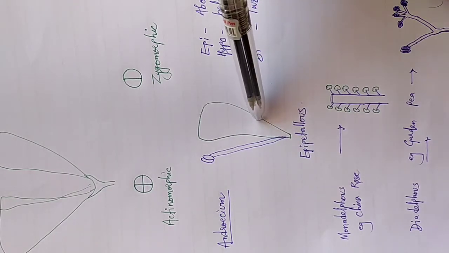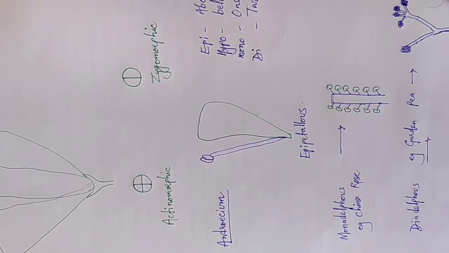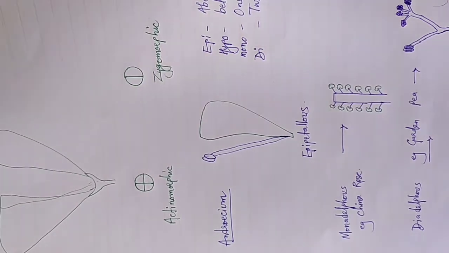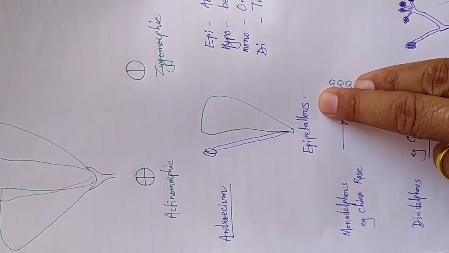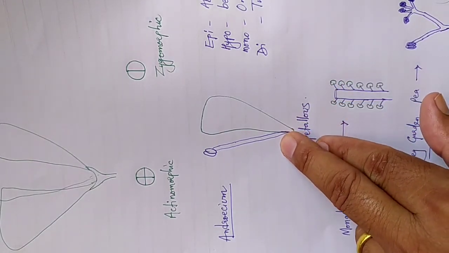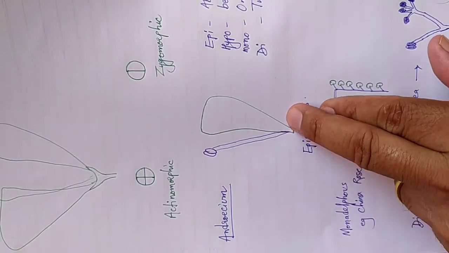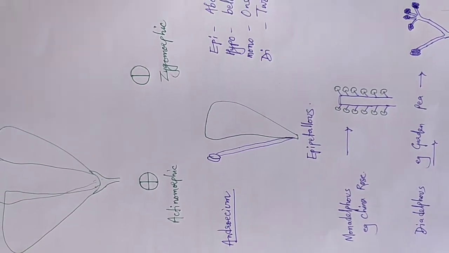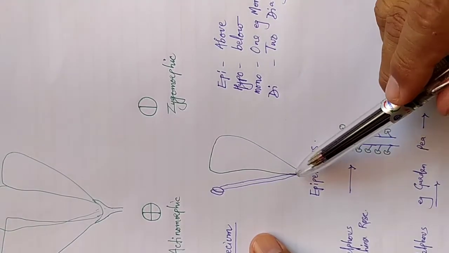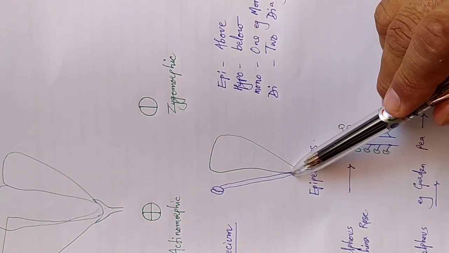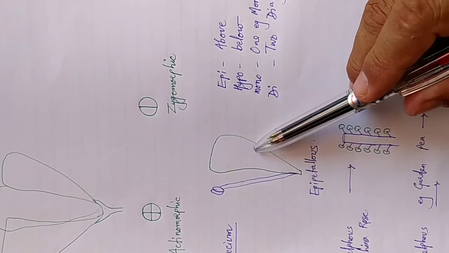Then we say this stamen is epipetalous. We use the word epipetalous. Why? Because the base of the filament is attached to the petal. Epi means above, so the male part is above, attached to the petal.